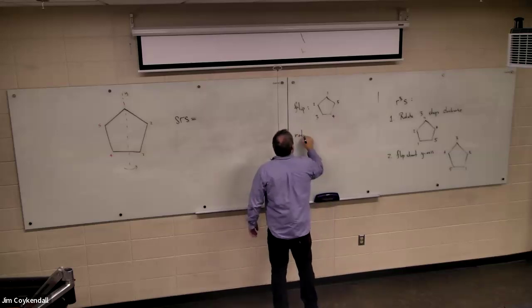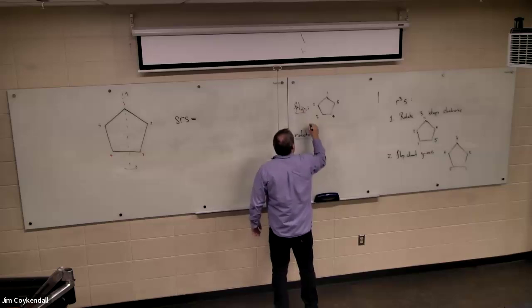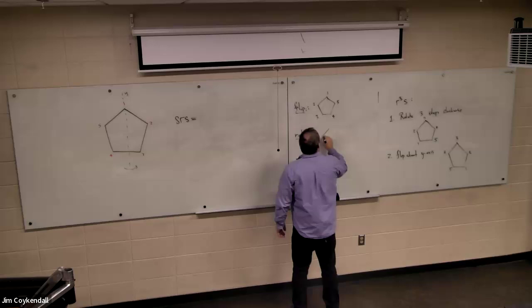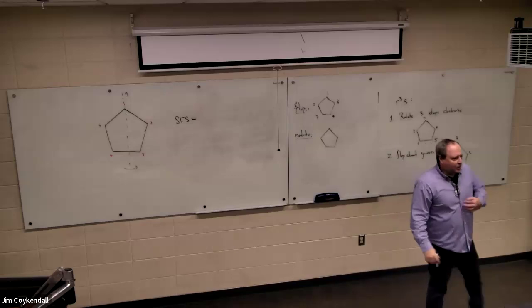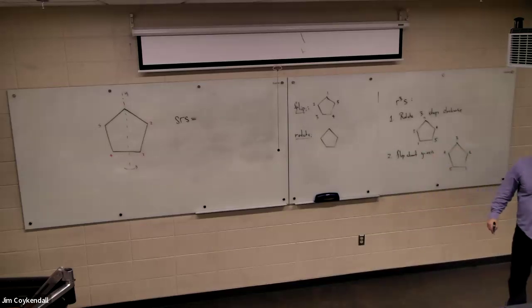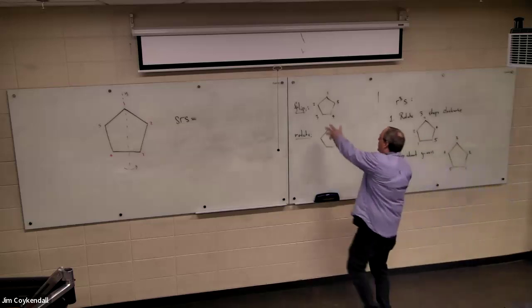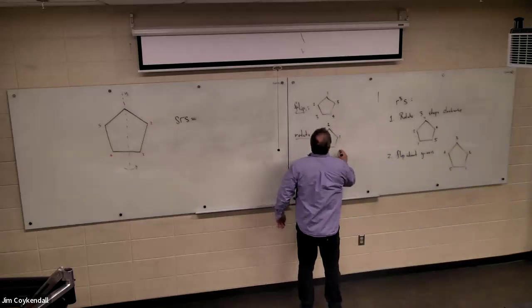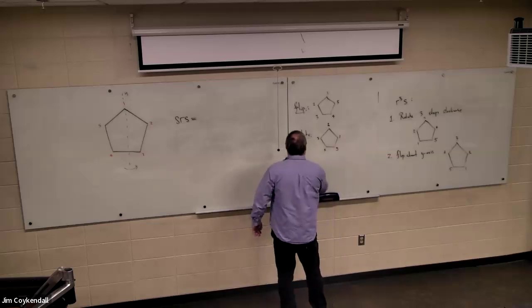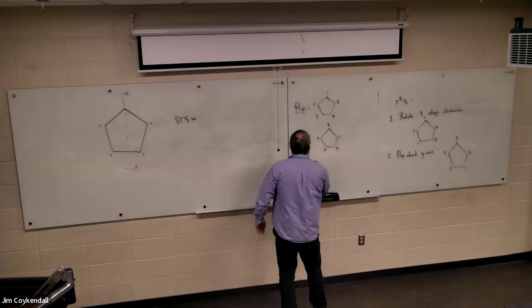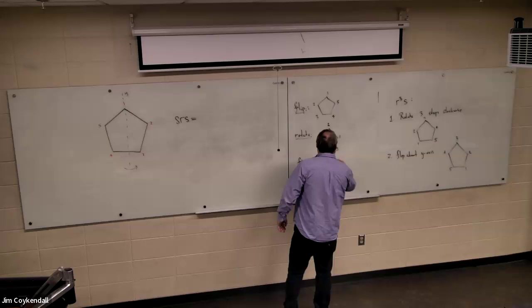Rotate. Rotate once. Who's going to be at the top when I rotate once after doing the flip? 2. Right, I'm going clockwise, so it'll be 2, 1, 5, 4, 3, and then flip again. That's going to look like this: 2, 3, 4, 5.